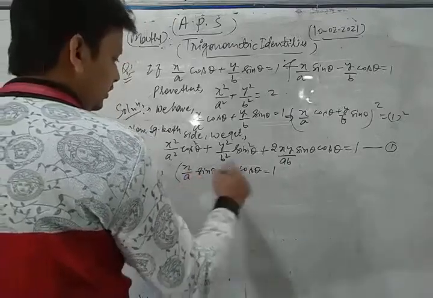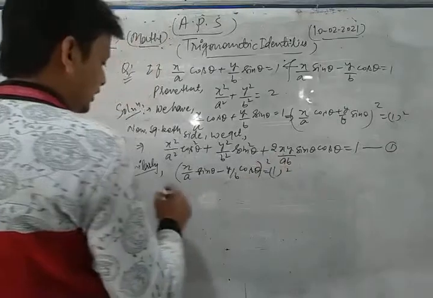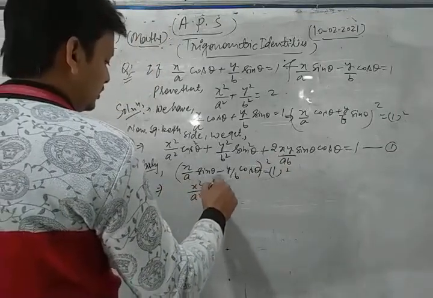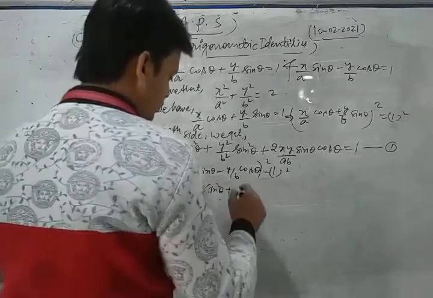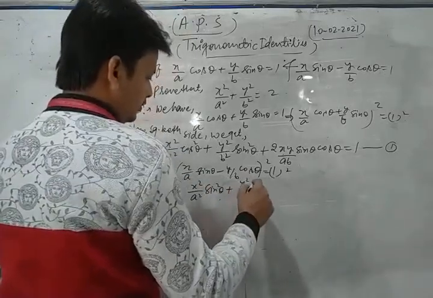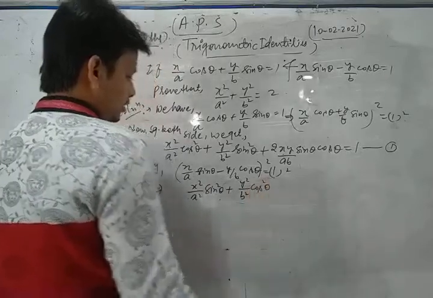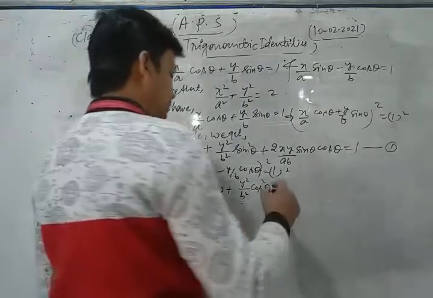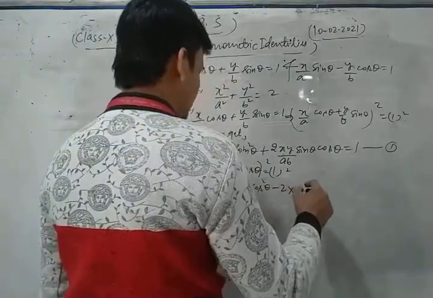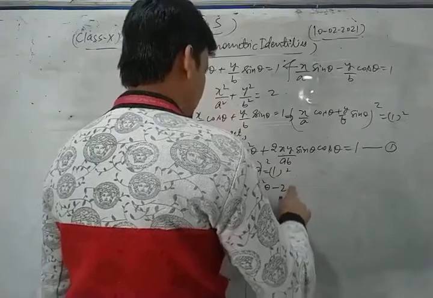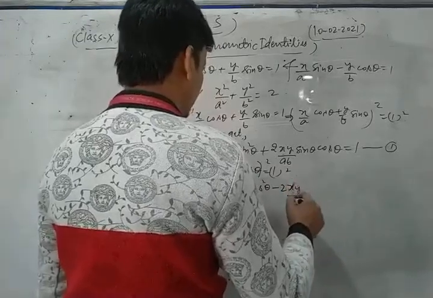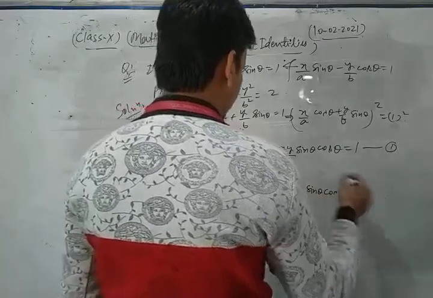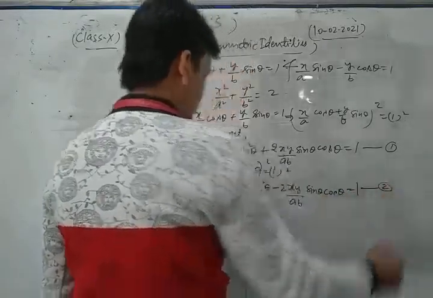So we get a square, that is x square upon a square sin square theta, plus b square, that is y square upon b square cos square theta, minus 2ab, that is 2xy upon ab sin theta into cos theta, is equal to 1 square. We take this as equation number 2.